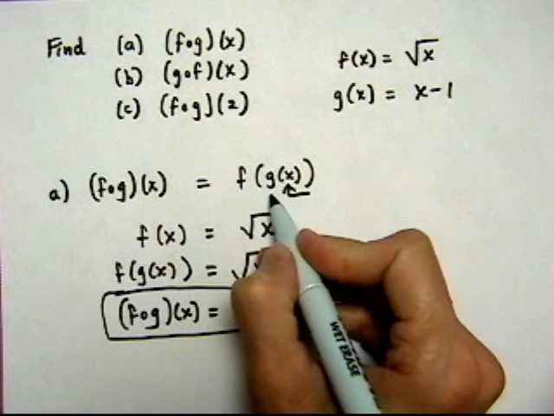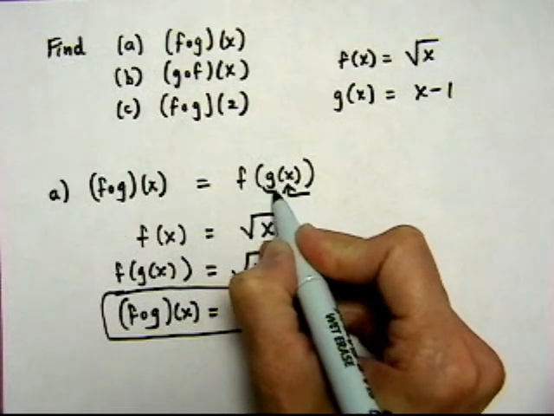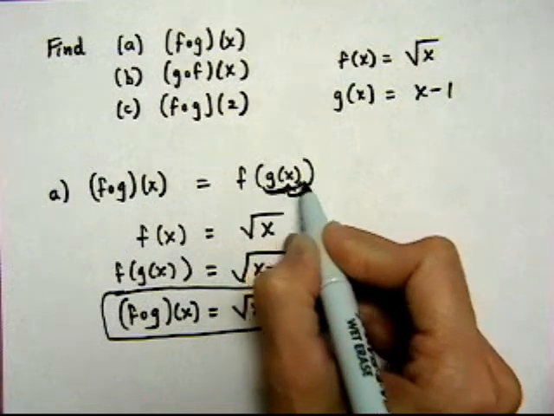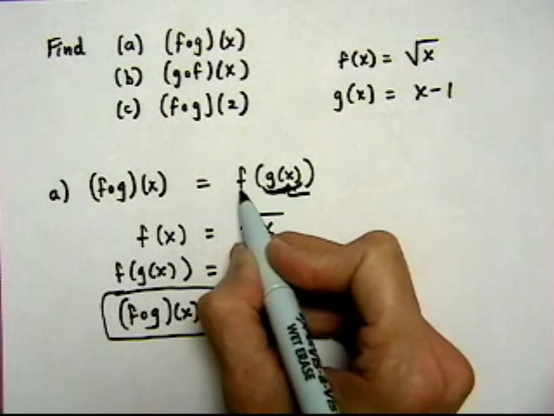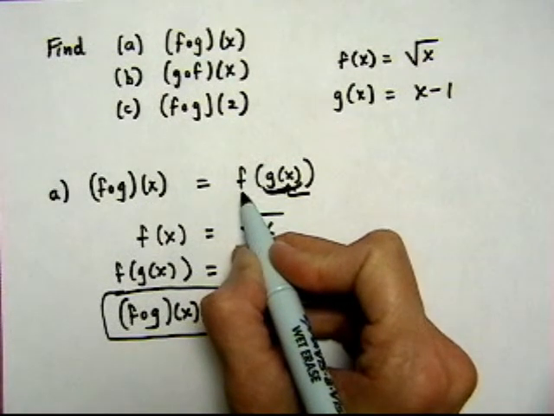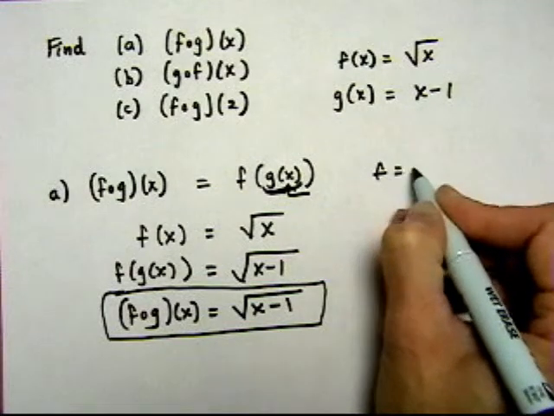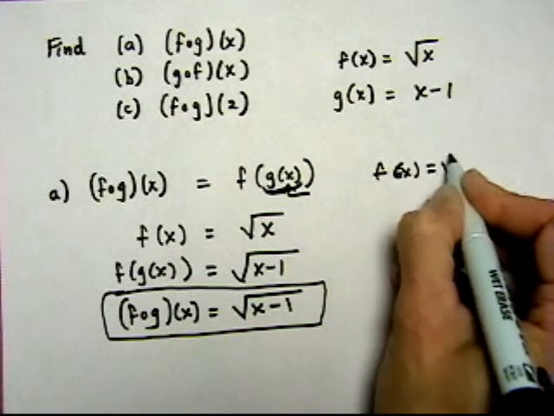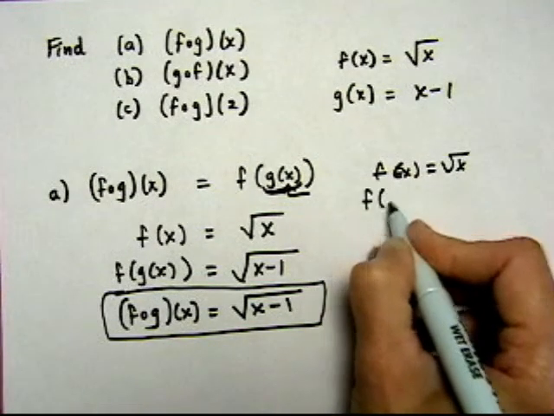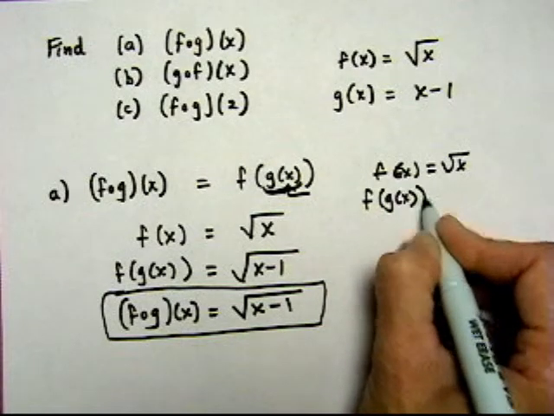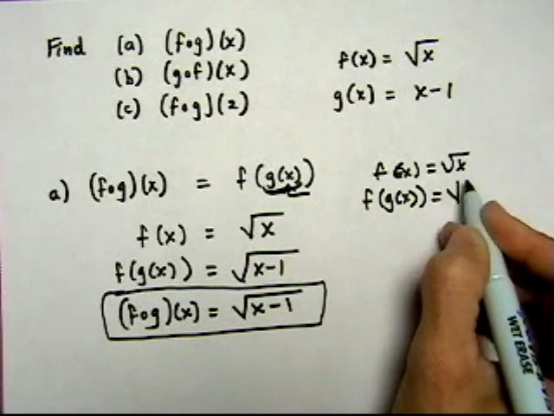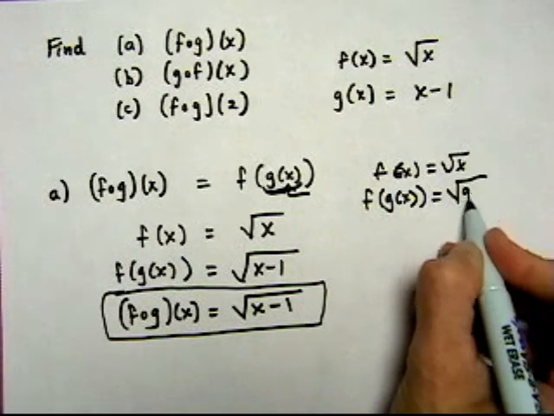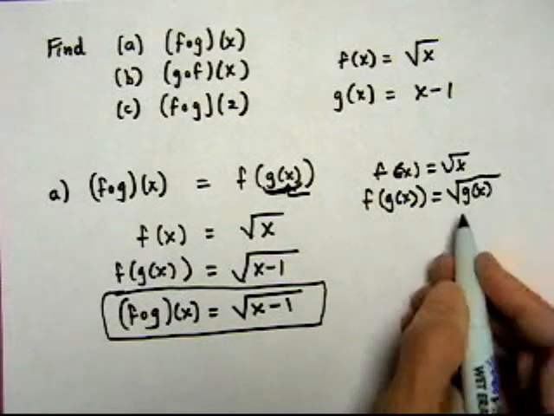Then we also want to make sure that the value g of x is an allowed input for the function f. Now f of x is root x. So when we have g of x as the input, we have square root of g of x.